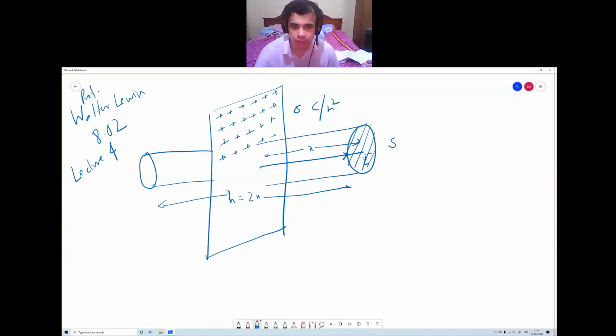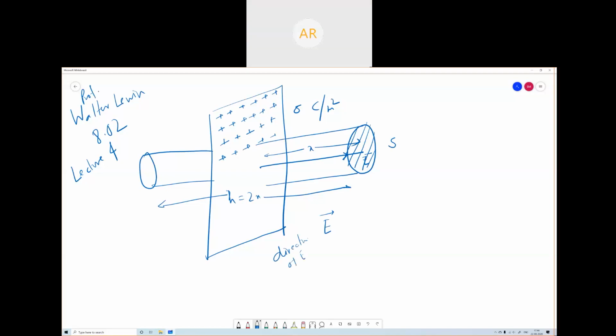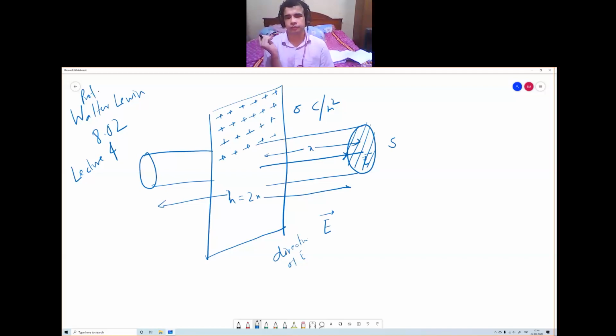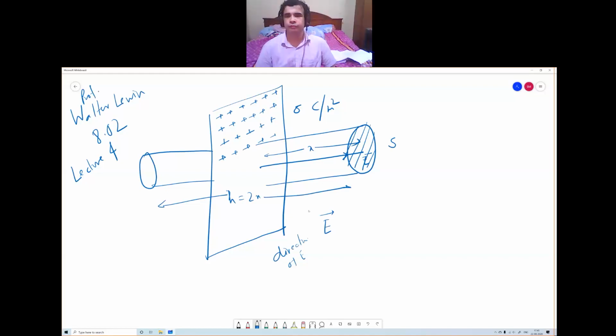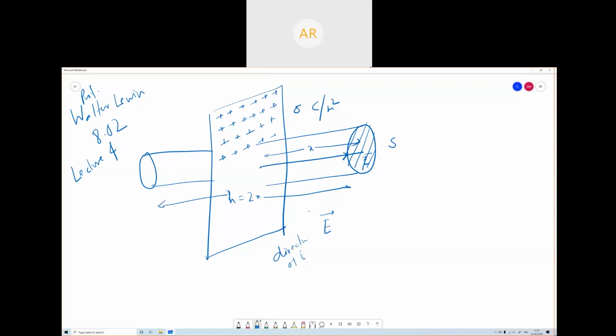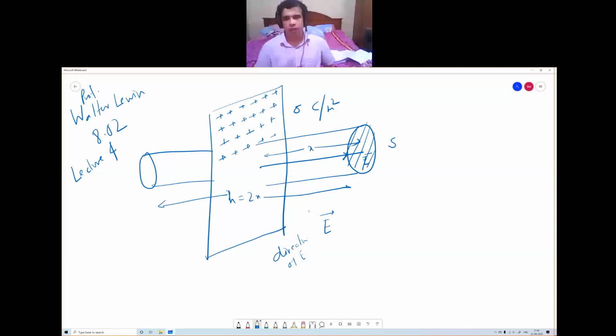As per Gauss, the first question is what is the direction of E? We need to calculate the flux. Outward from the sheet.